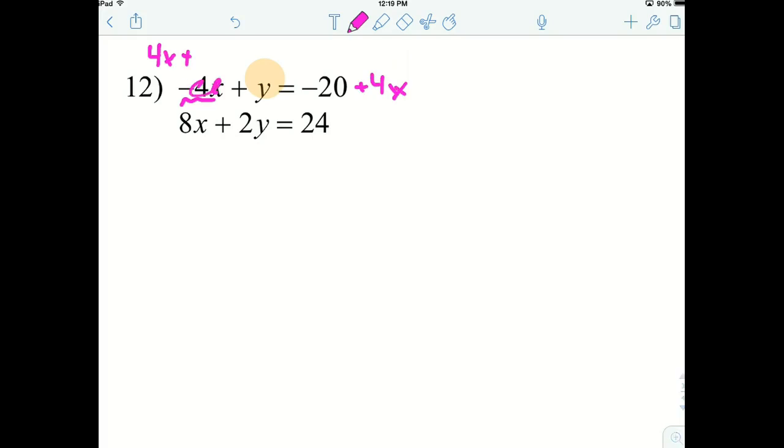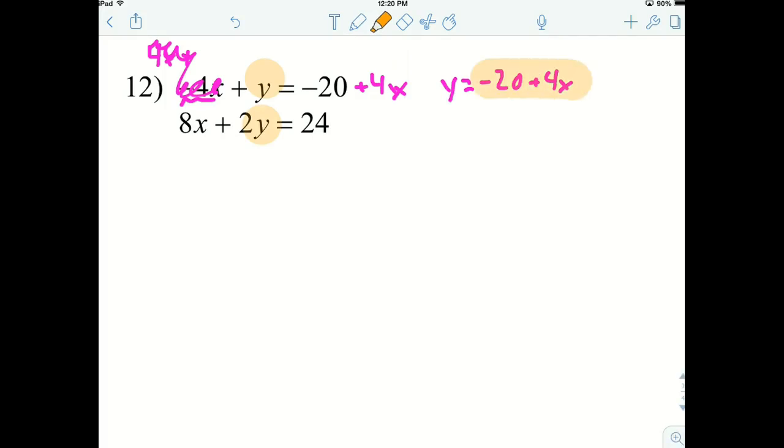When we do that, the negative 4x and positive 4x will add to 0, leaving us with just y on one side, and on the other side we have negative 20 plus 4x. So y equals negative 20 plus 4x. We're going to plug that in for what we know to be y on the lower equation.